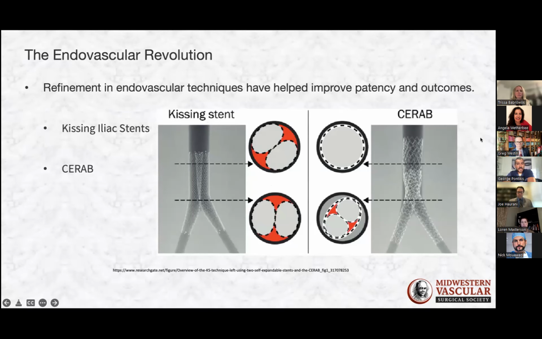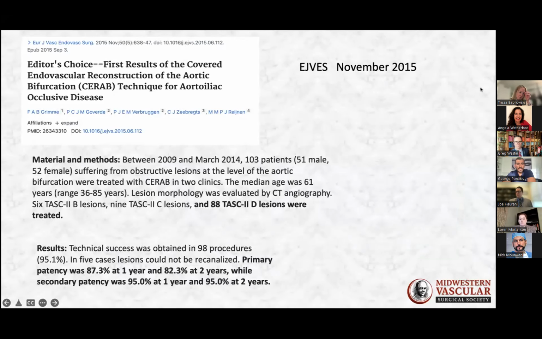Some in vitro studies demonstrate better flow dynamics, with less extrusion of thrombogenic material into the lumen, and therefore the idea is to see patency rates comparable to open surgery. So techniques have improved.